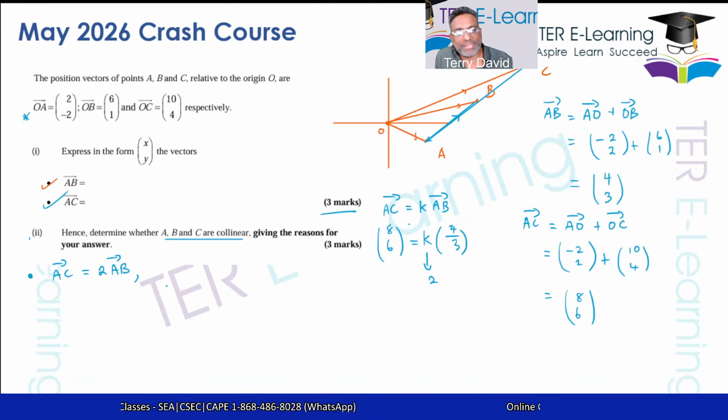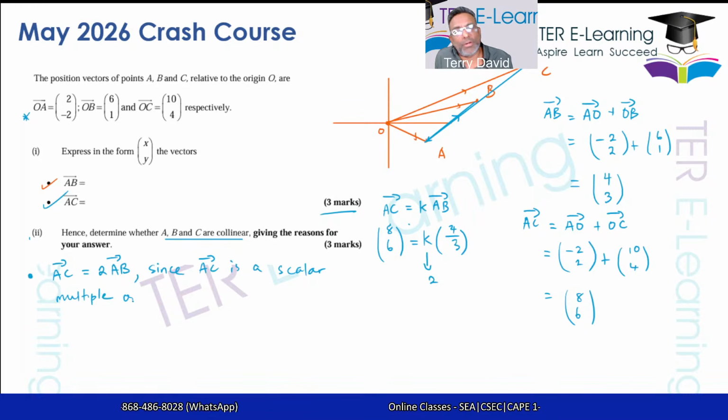Then we make a statement that says, since AC is a scalar multiple of AB, they are parallel. This is exactly what CSEC wants. I'll tell you exactly how CSEC marks this question.